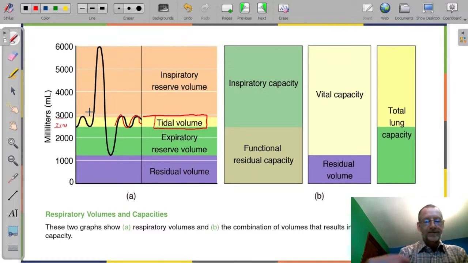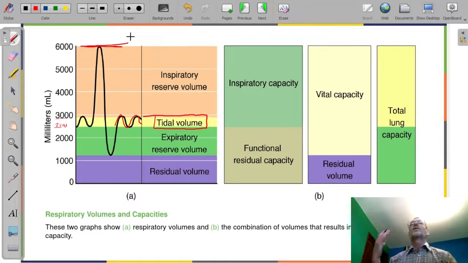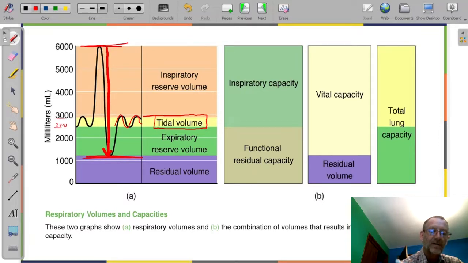Maximal inhalation, that takes us up to the top. Maximum inhalation, and you know that you can then blow everything out of the lungs as much as you possibly can. And that total volume is the vital capacity, VC.